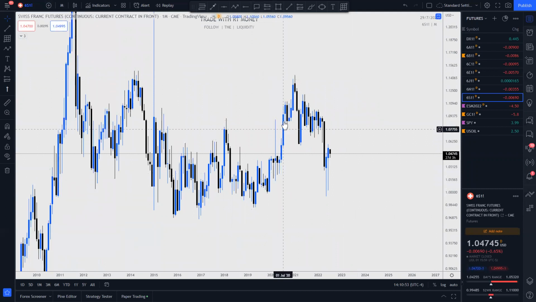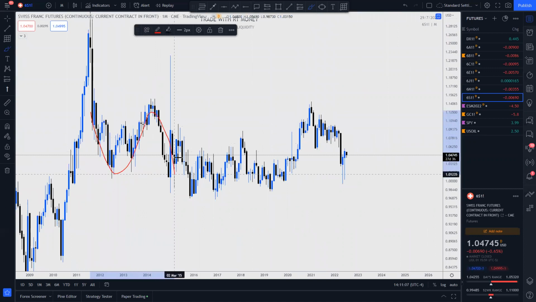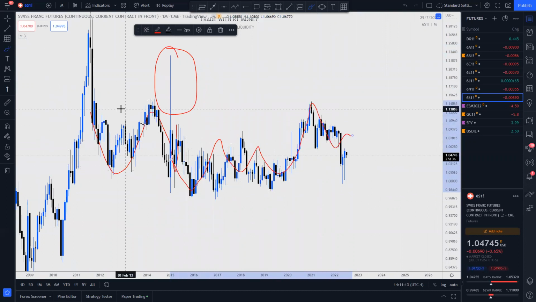What you can see is price pumped up here. We ran bullishly and then we ran into this turbulence here. But what is price doing? It's ranging, isn't it? This week, notwithstanding, we're ranging in this area.